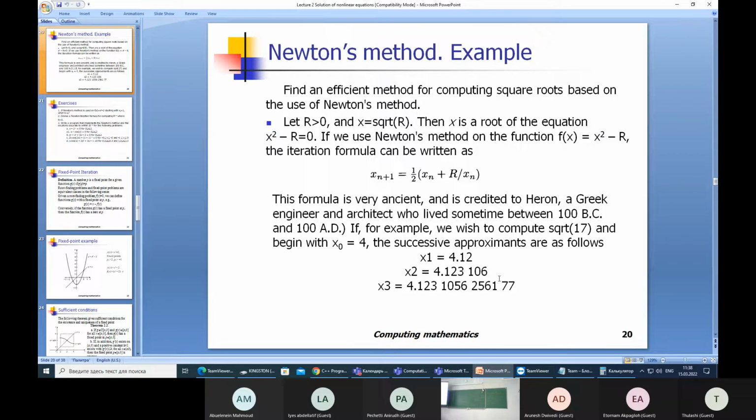The first digits are 1, 2. The first two digits, right. And after that, use this number for the second.